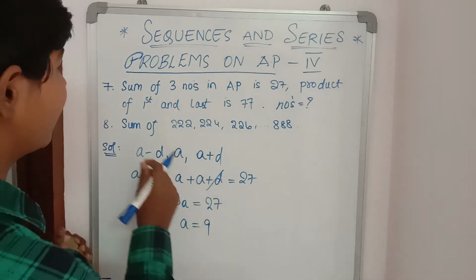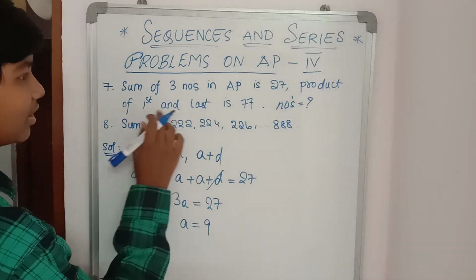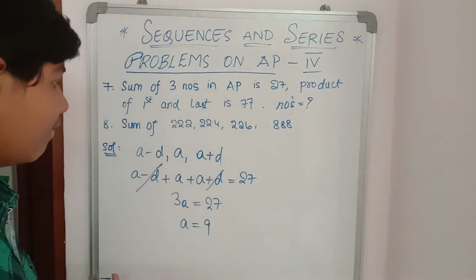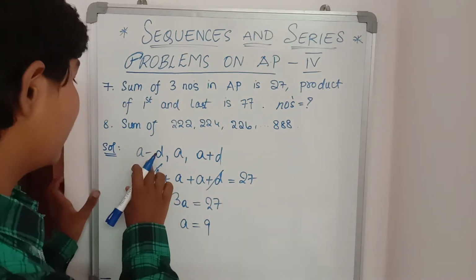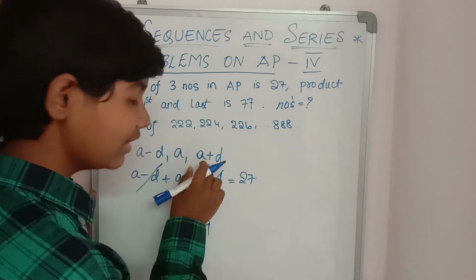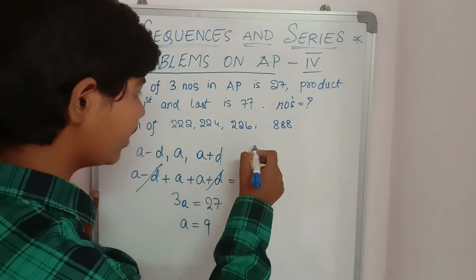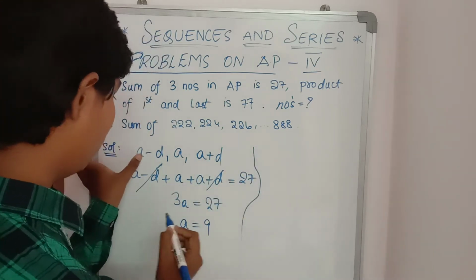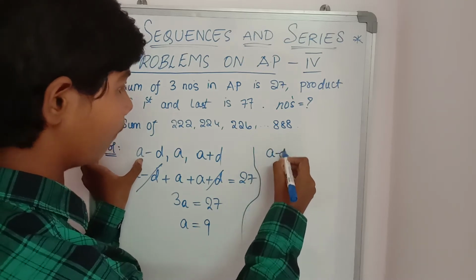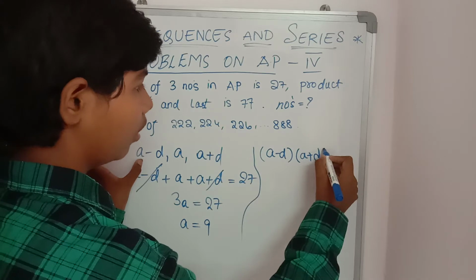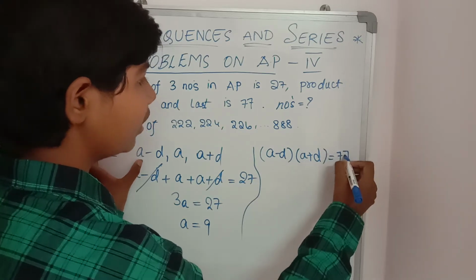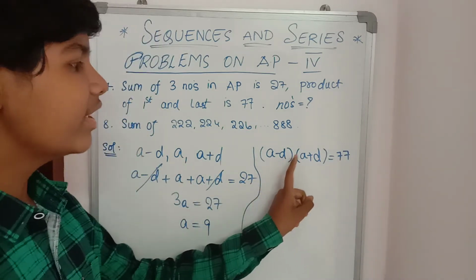The second condition is that the product of the first and last is 77. The first is A minus D and the last is A plus D. So A minus D into A plus D is 77.